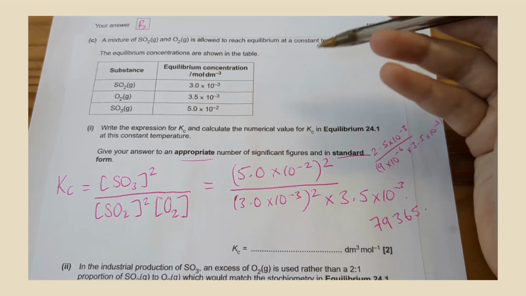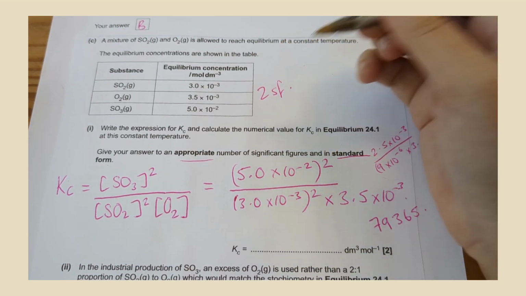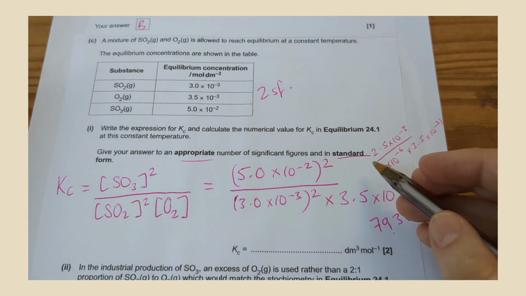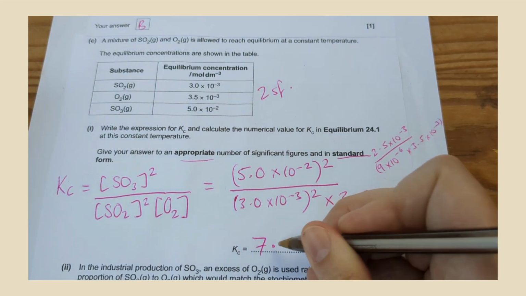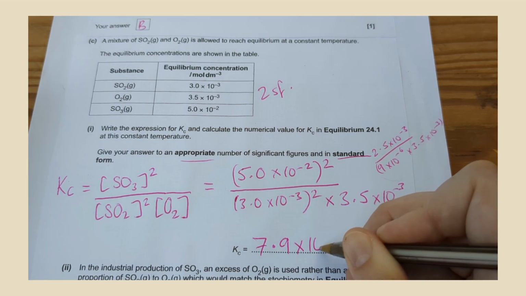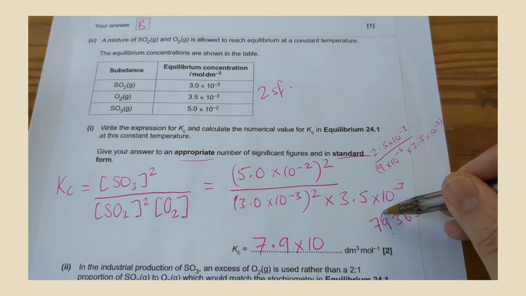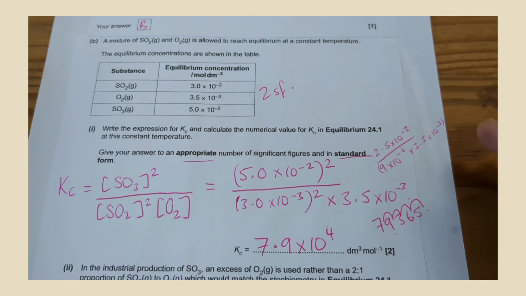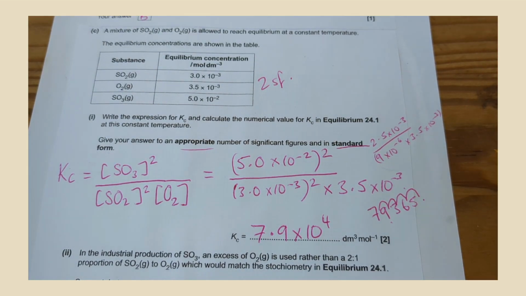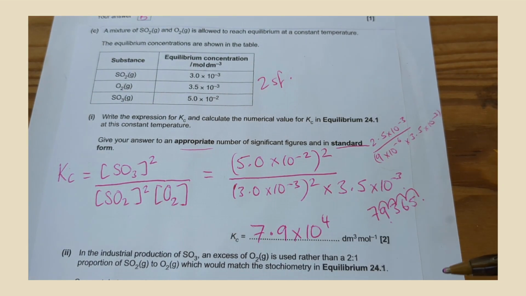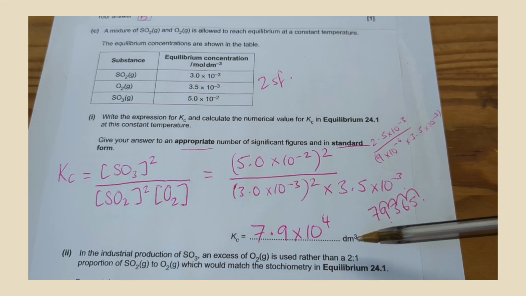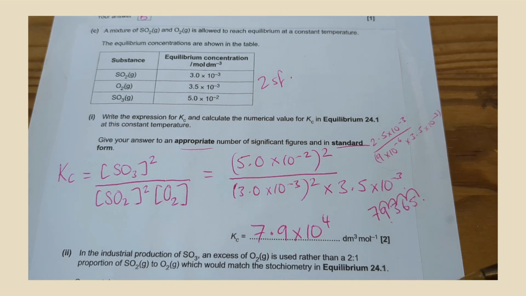So if we look here, we've got 2 significant figures. So I want this to 2 significant figures and in standard form. So it's going to be 7.9 times 10 to the positive 1, 2, 3, 4. So that big Kc value, or just the fact that it's greater than 1, tells us that the equilibrium is very much towards the right-hand side. So this reaction favours the products.